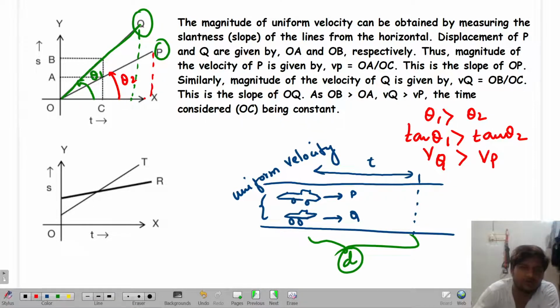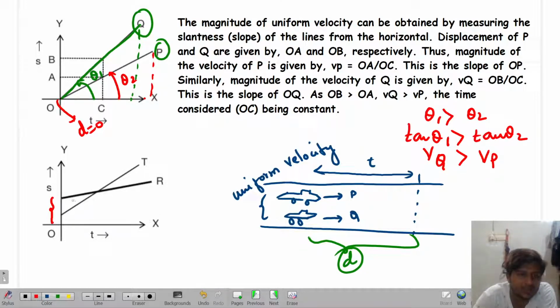Okay, now look over here. What we observe is that if your theta 1 slope is higher, remember that if slope is higher, velocity will be higher. Got it or not? Similarly, this was the case when the initial displacement was 0. But now I'm considering these cars to have some kind of initial displacement.